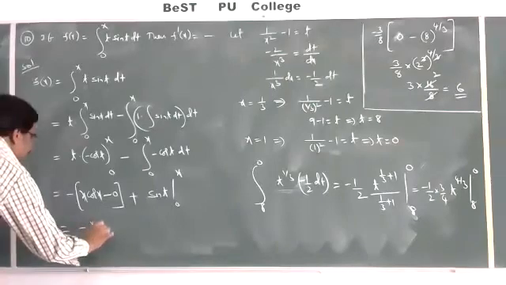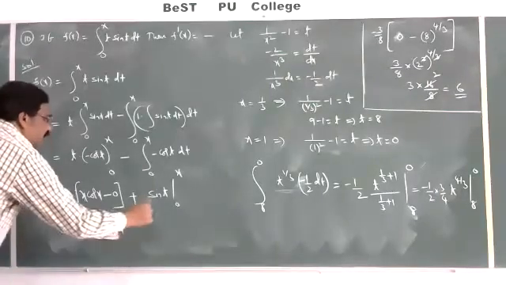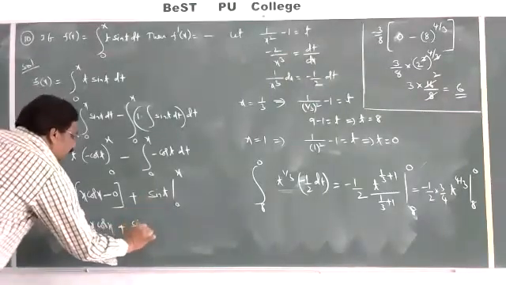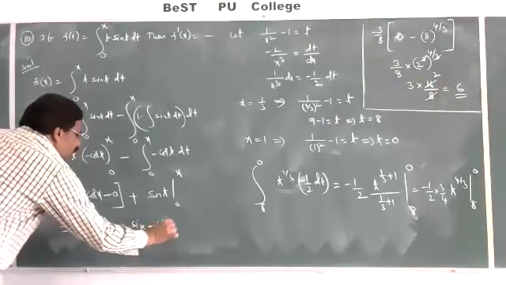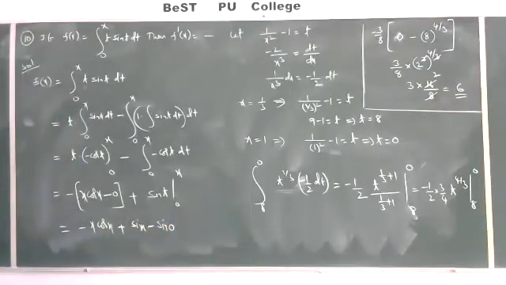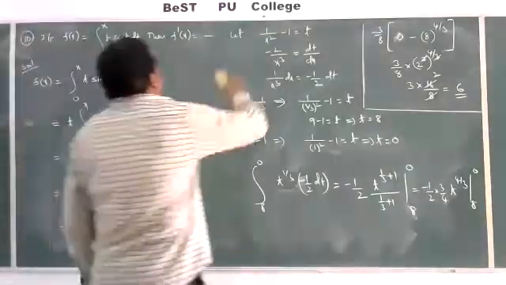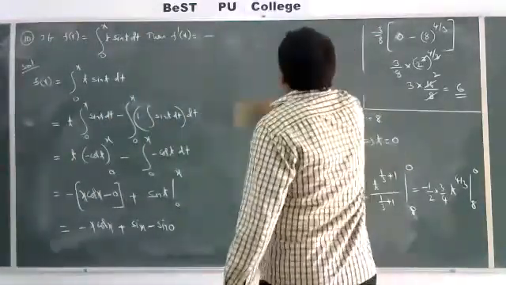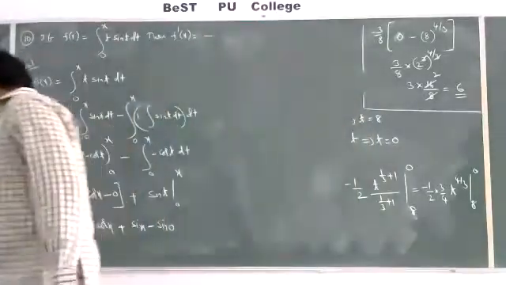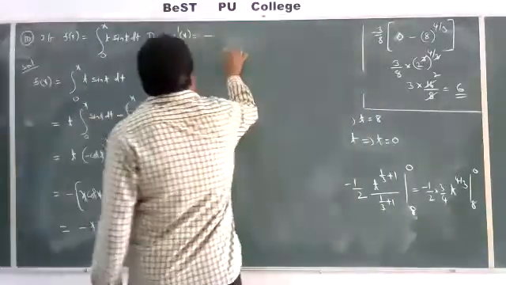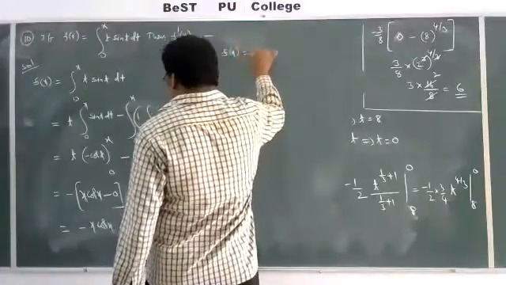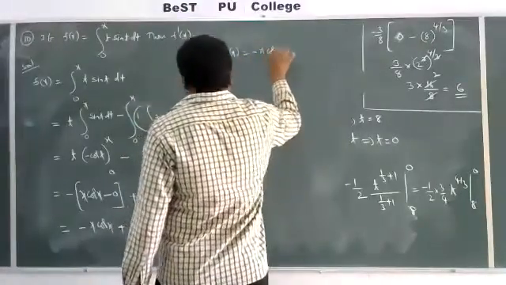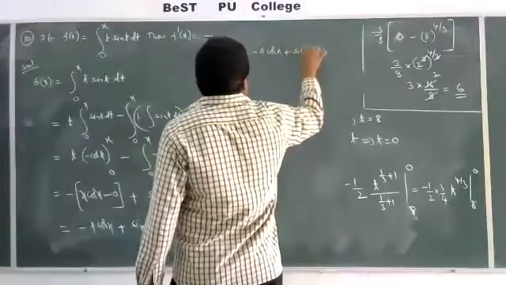This is −x cos x plus the upper limit sin x minus the lower limit sin 0, that is 0. So the function is f(x) = −x cos x + sin x.